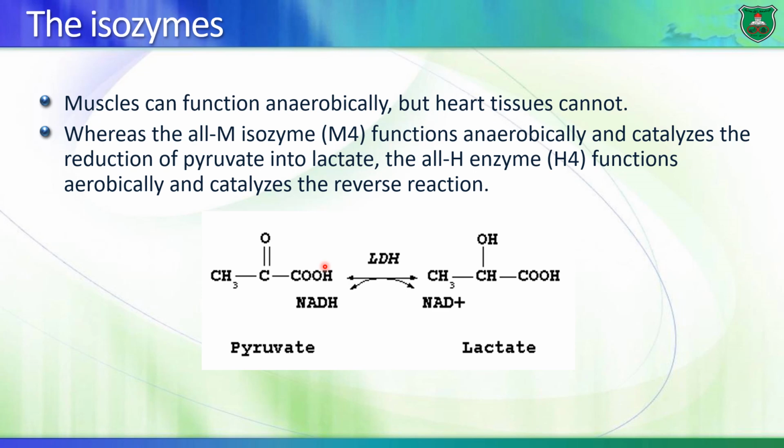It goes into the blood and it reaches the heart. Now, in the heart, muscle cells take lactate and they convert it to pyruvate, and then pyruvate gets into the citric acid cycle, producing a lot of energy aerobically, of course. Okay, so that's the idea behind these isoenzymes.